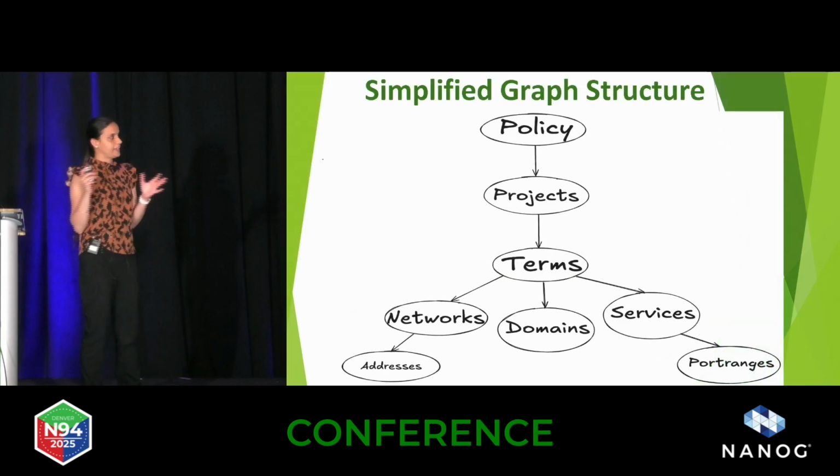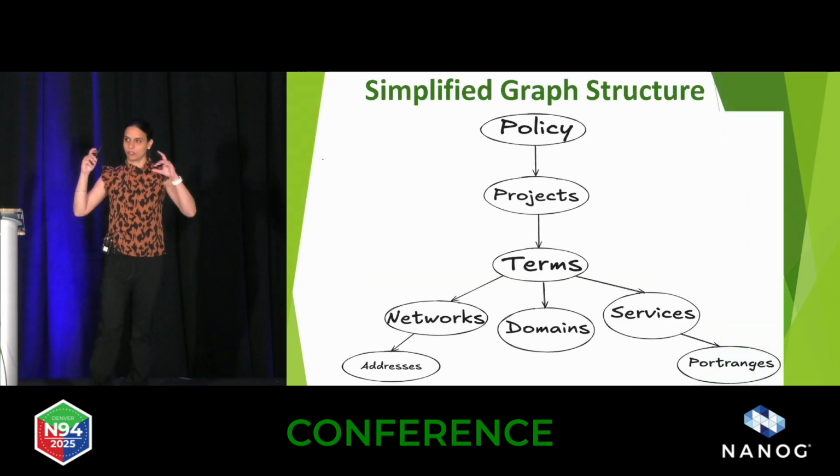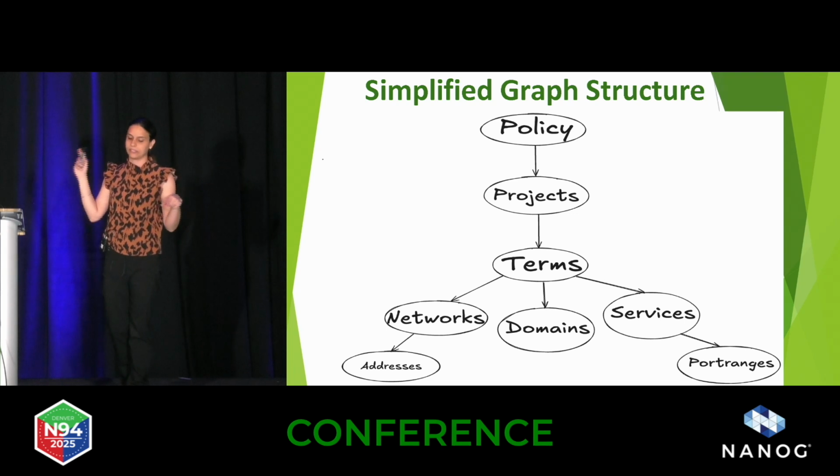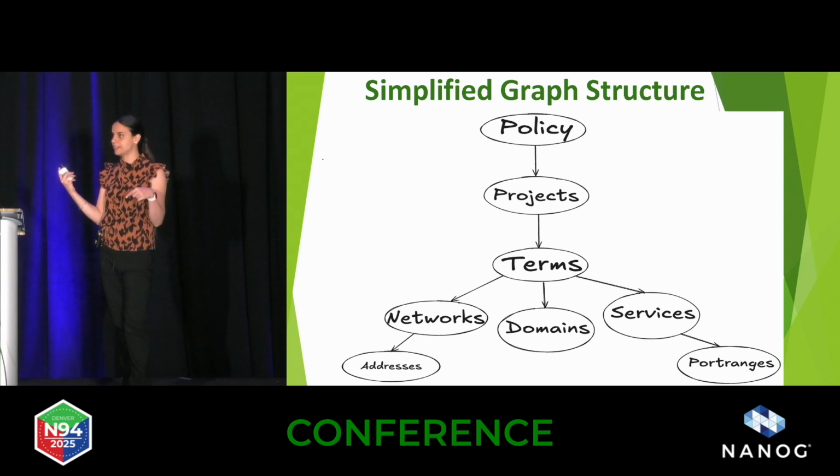This is a very simplified graph structure. At the top is the policy header, which then has an edge to a project header. For simplicity, I've just shown it as one-sided, but projects also have an edge to policies. The projects have an edge to terms, terms have an edge to network services, and services have an edge to port ranges.